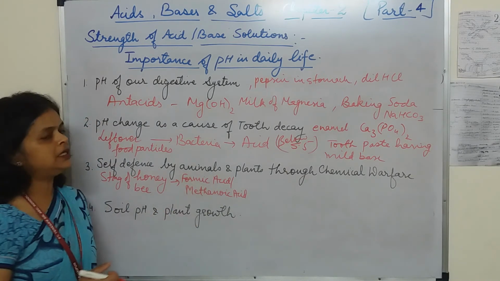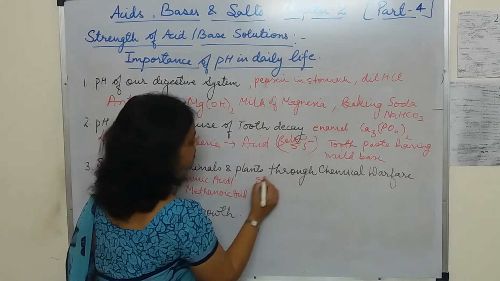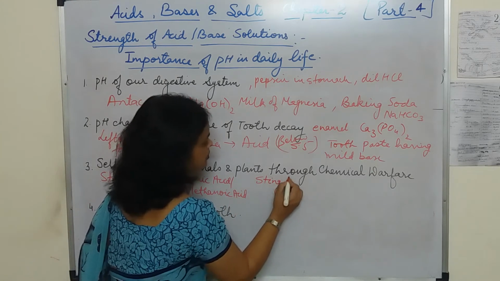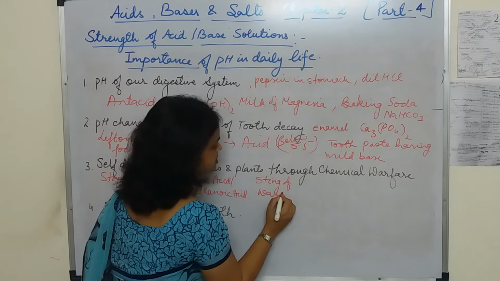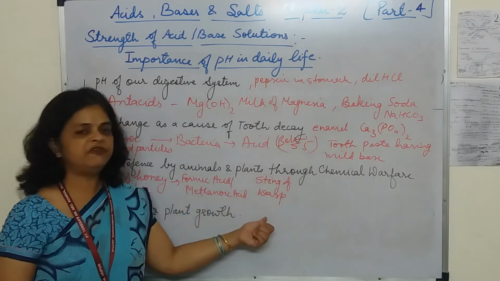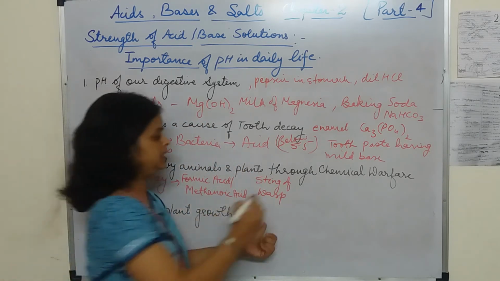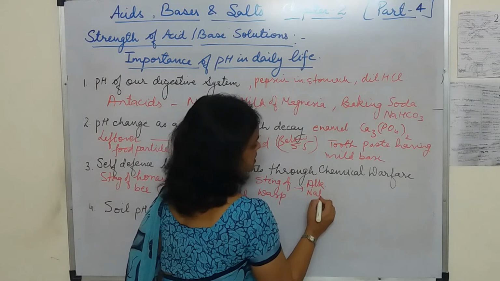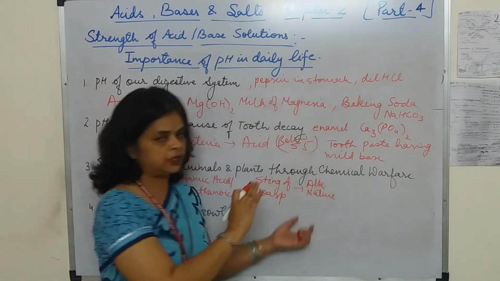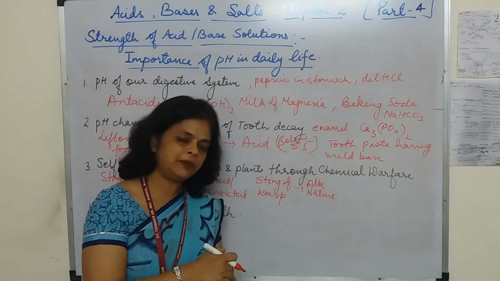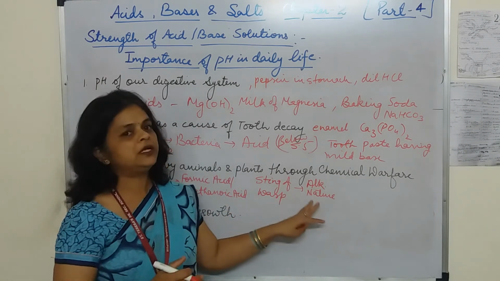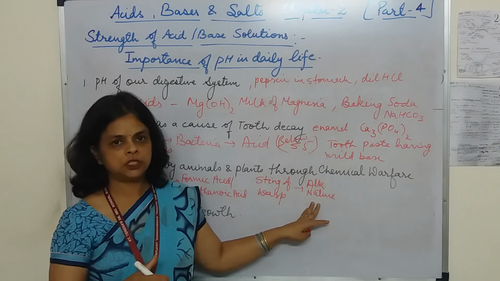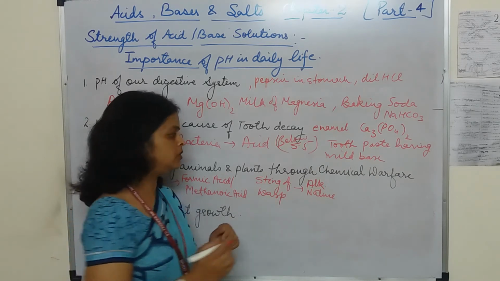Okay, similarly, the sting of a wasp. This is also another insect. The sting of a wasp is alkaline in nature, and because of its nature, again it causes pain and irritation. To cure this pain and irritation, you apply some vinegar on it.